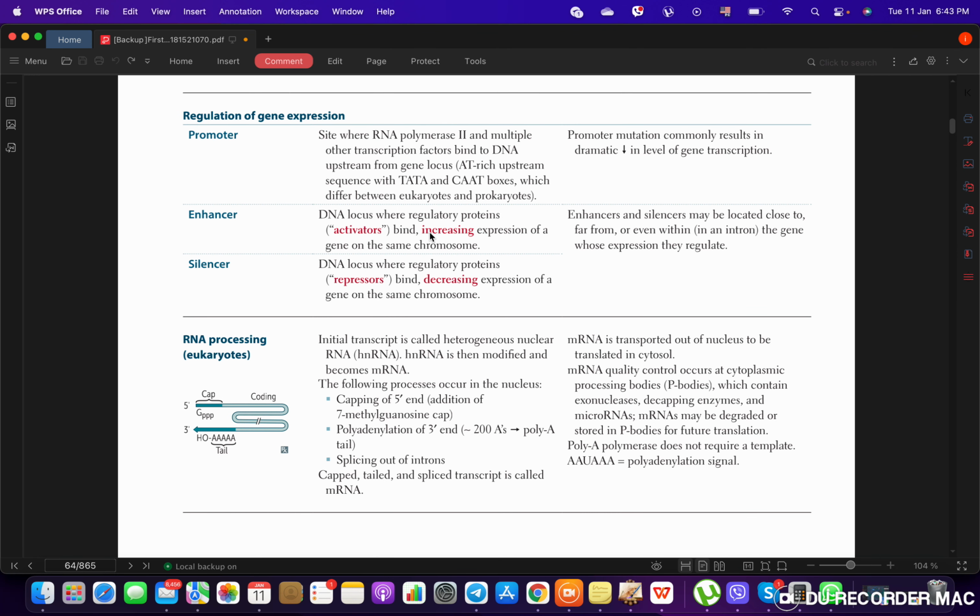Now an enhancer. An enhancer is a DNA locus where regulatory proteins bind and increase the expression of the gene on the same chromosome. So enhancers will lead to more expression of the gene. When I say gene expression, it is converting the DNA into what? Can somebody tell me?